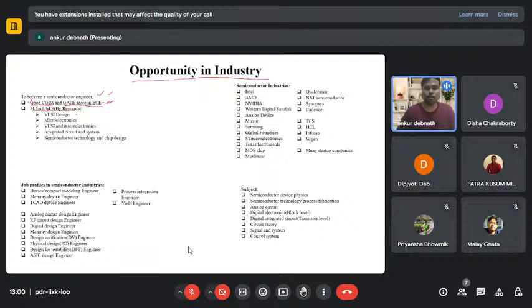I don't know what will happen after 10 or 15 years, but in the present scenario they will not prefer BTech. It's very difficult for a BTech student to go into the semiconductor industry.